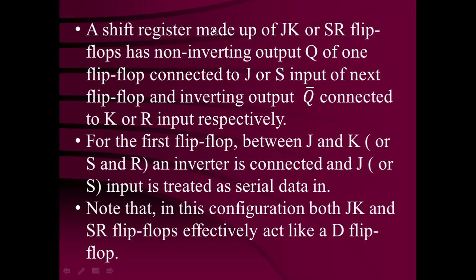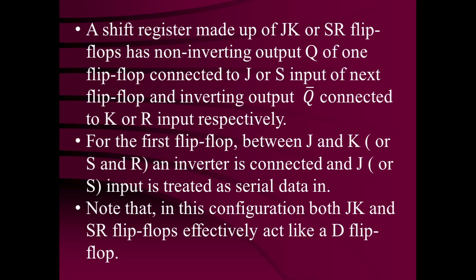A shift register made up of JK or SR flip-flops has non-inverting output Q of one flip-flop connected to the J or S input of the next flip-flop, and inverting output Q bar connected to the K or R input of the next flip-flop respectively. For the first flip-flop, between J and K or S and R, an inverter is connected, and the J or S input is treated as the serial data input.